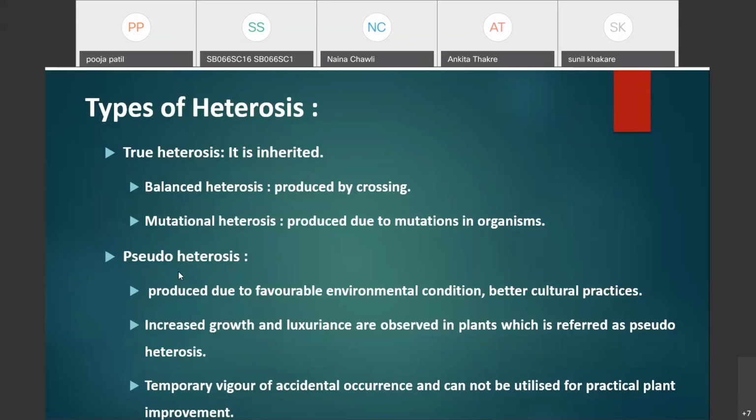This is a temporary vigor of accidental occurrence. That means the plant breeders are mainly concerned with the balanced heterosis, which arises due to the crossing of two homozygous inbreds. That is all about the types of heterosis.